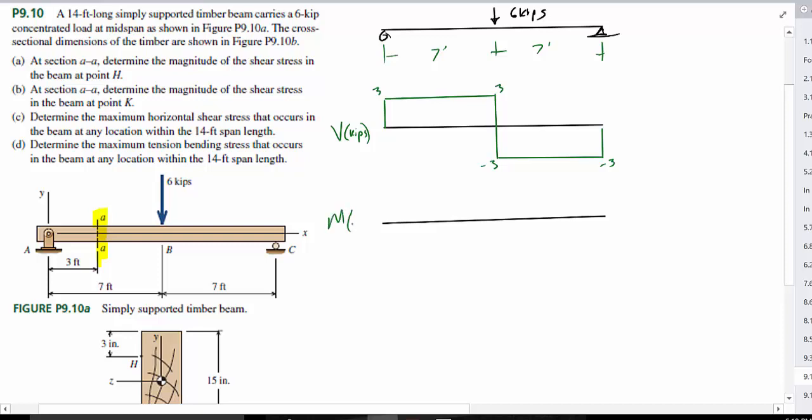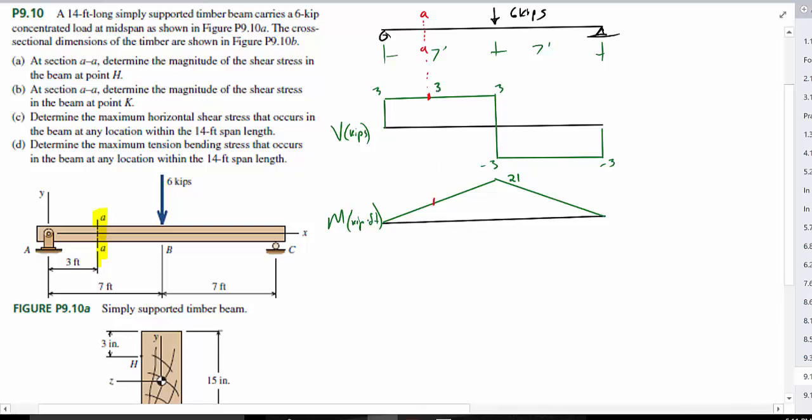So our moment in kip-feet is going to go from 0 to our maximum right in the center. So we determined this is 21. And since we were asked to find the point at AA, we want to know the shear at that point and then the moment at that point.